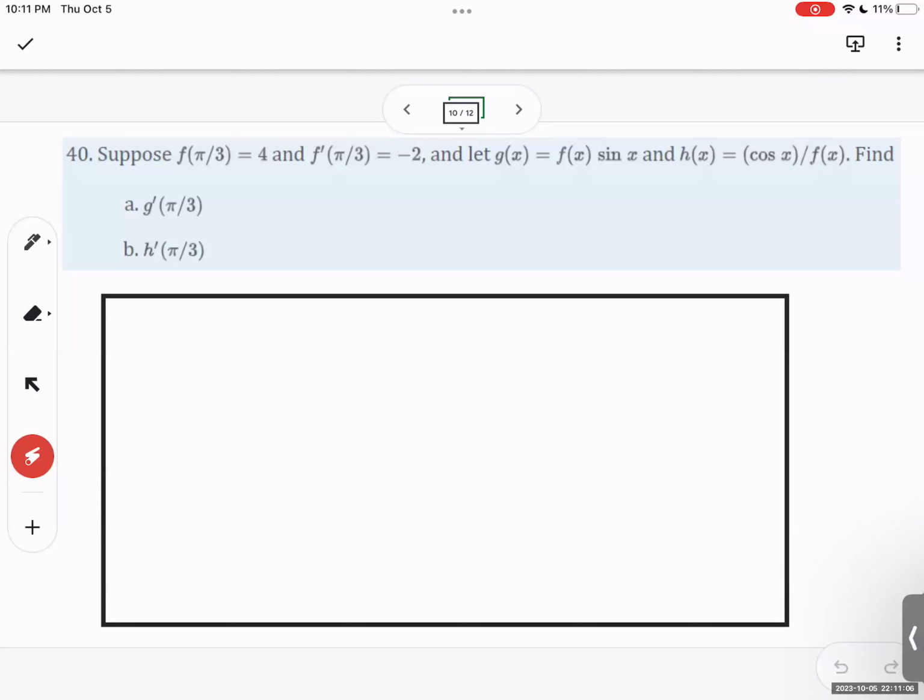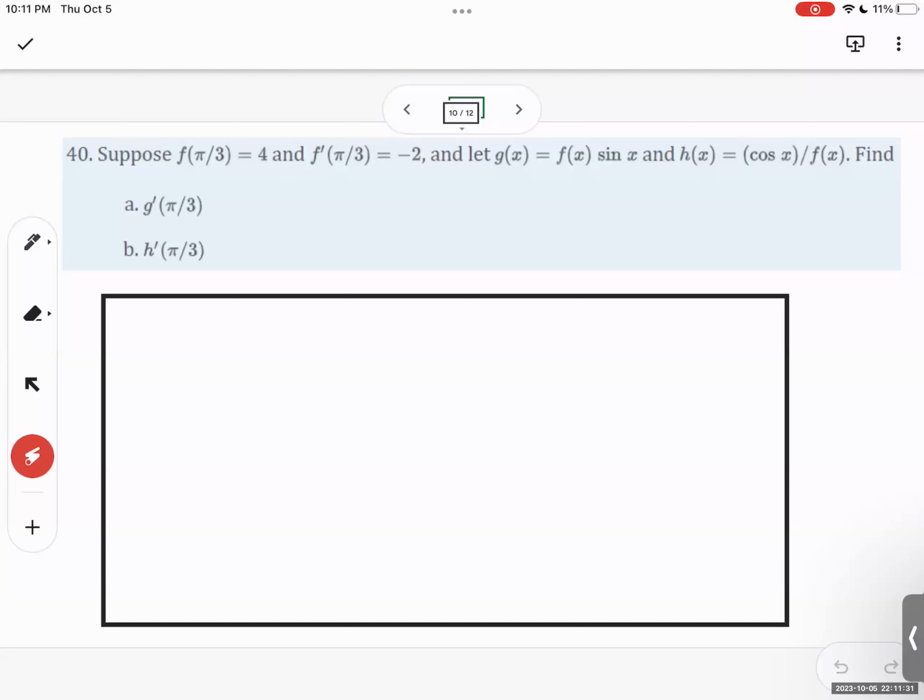I don't know anything else about my function. Using f, we can define two new functions. We have g of x, which is equal to f of x times sine of x. So here we have a product. We have h of x, which is equal to cosine x divided by f of x.